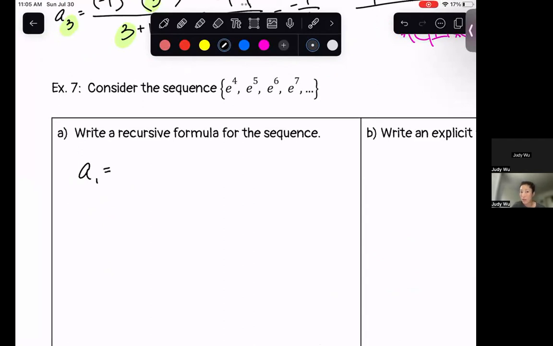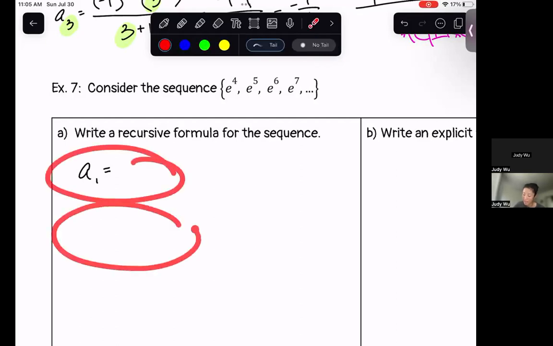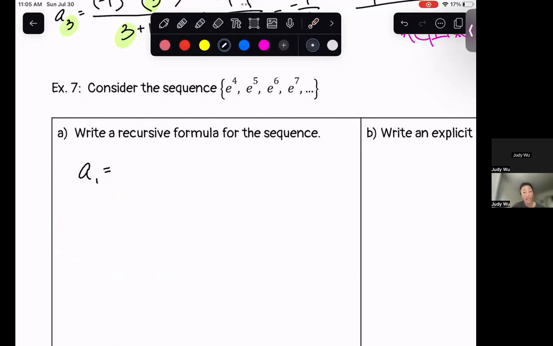Now, because they don't tell me if it's a sub 0 or a sub 1, I can choose, okay? But whatever I put here will impact how I write the next part. So if I say a sub 1, that will tell me what I have to write for the next one, okay? So a sub 1 in this case is e to the 4th.